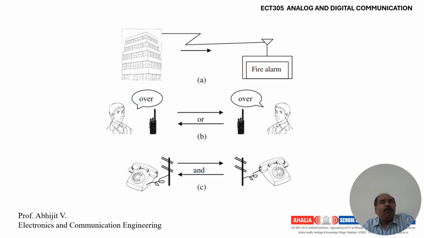In C, it is a full-fledged, full duplex communication where there are two dedicated channels, one for the transmitter and the other for the receiver, in such a way that from this point to this point, and back from this point to this point, we can communicate simultaneously. And this is called as full duplex communication.